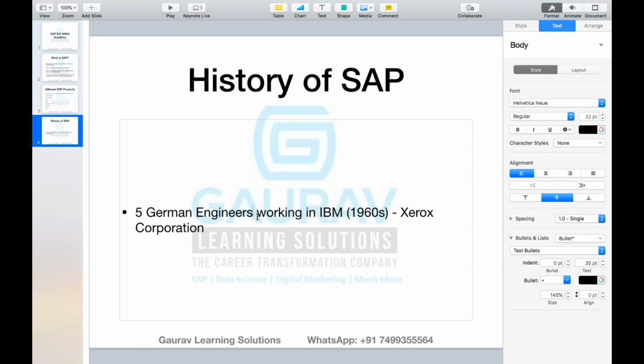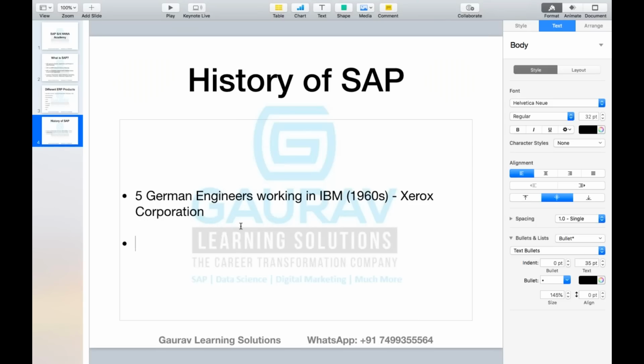So these guys left IBM and continued to work on that particular product. Finally, somewhere in the 1970s, they came up with the first version of SAP, the first product from SAP.